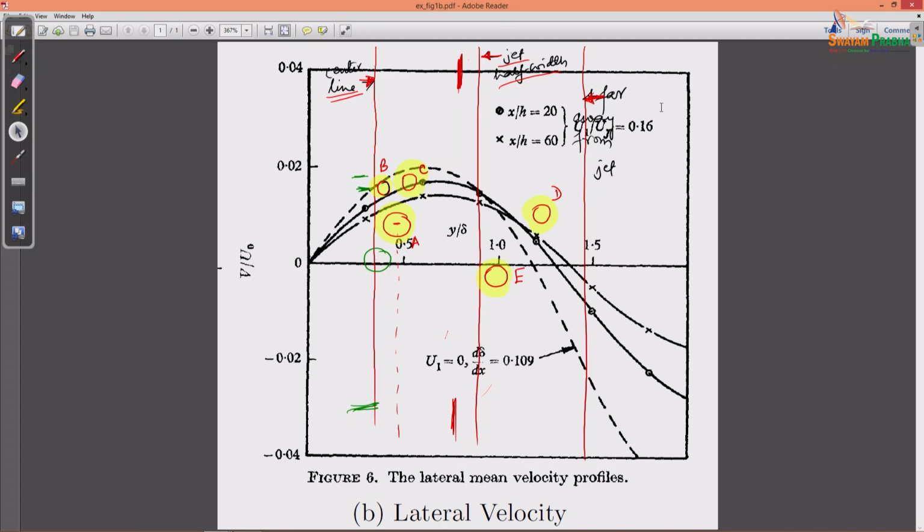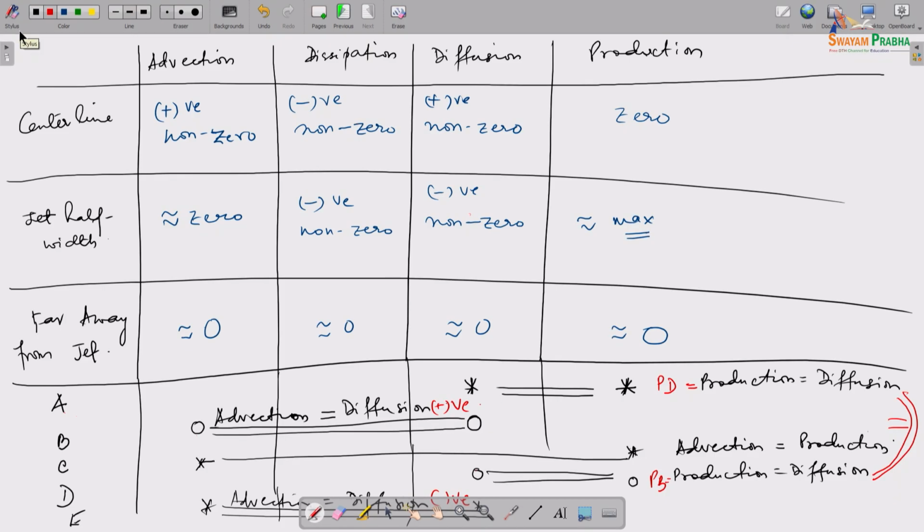This is essentially the lateral velocity, or the v velocity, and this is something that we haven't looked at. So in the next class, that's what we are going to look at, the lateral velocity.